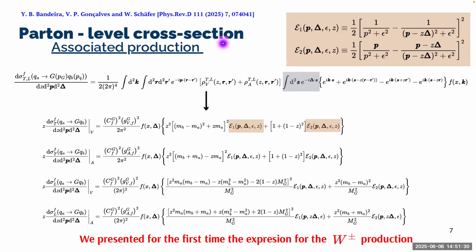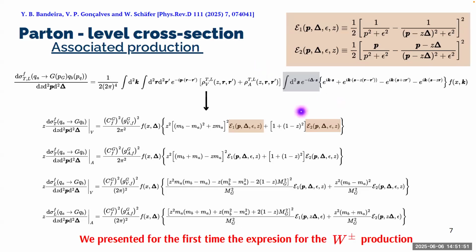And most recently, this year, we extended this when we tag the jets associated with this electroweak gauge boson. In order to do the math, we just consider this one. In the other case, we integrated over this because we were not interested in the jet.